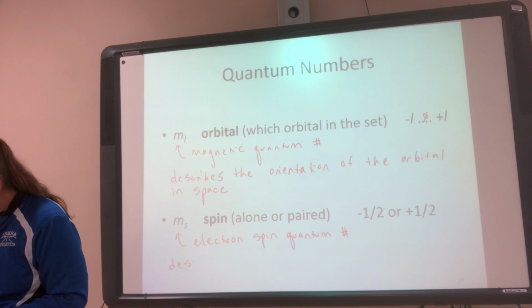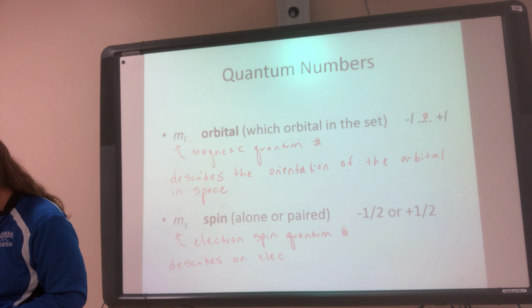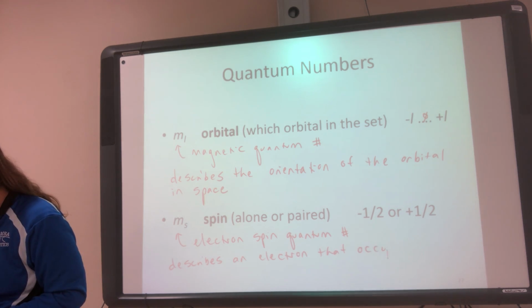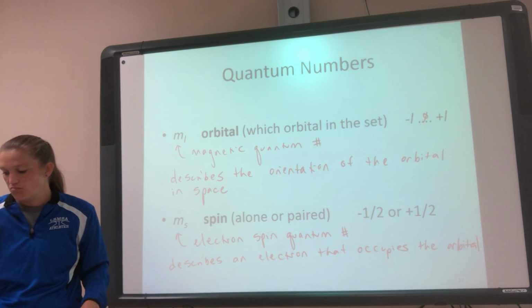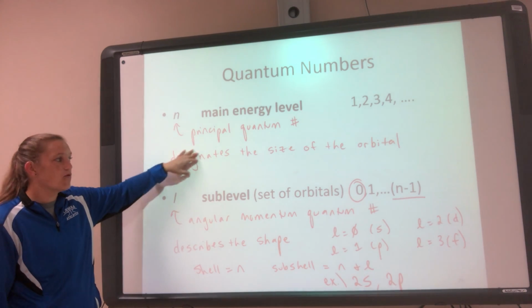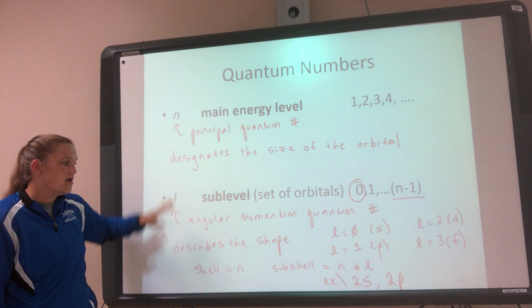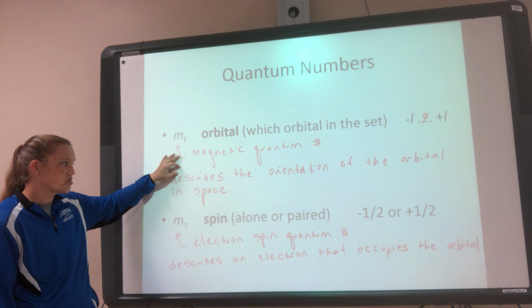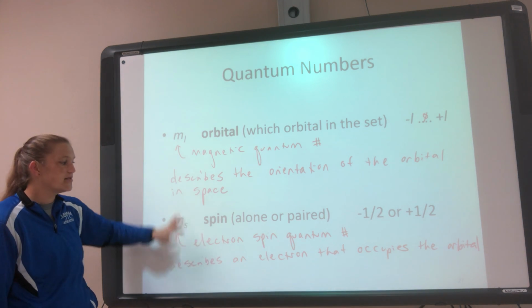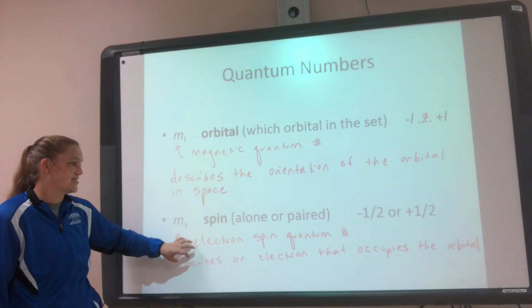This is the first one that describes the electron specifically. The others describe the orbital the electron is located in. This one talks about the electron itself.